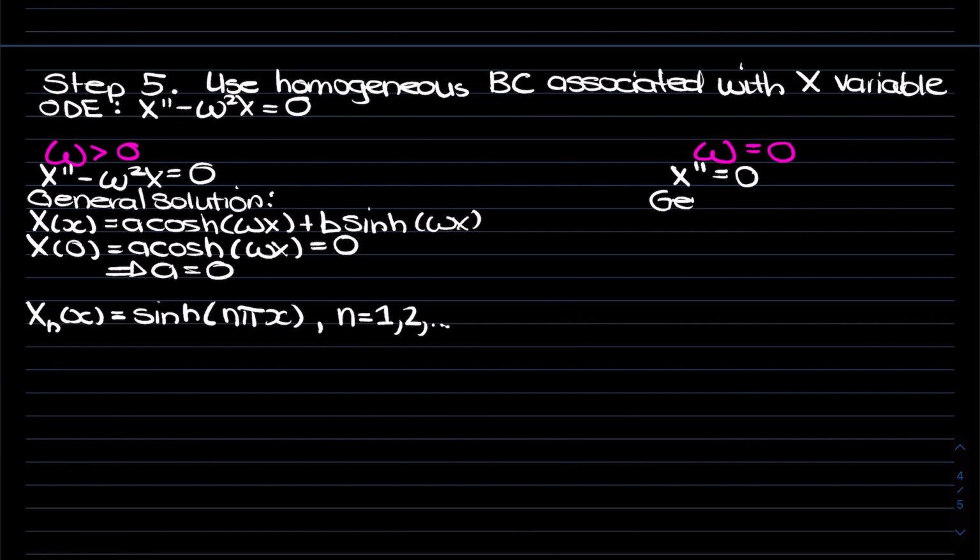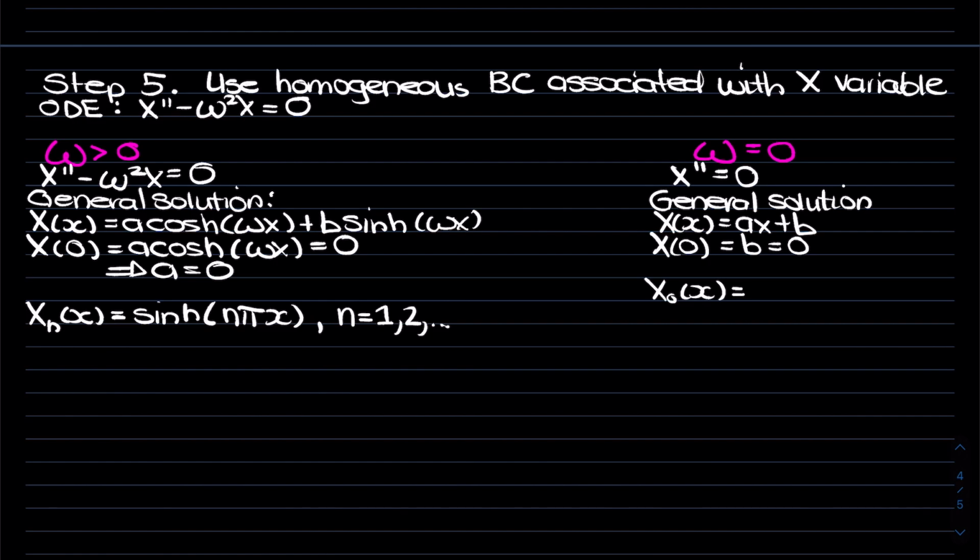The general solution for this just equals X of little x equals ax plus b, and if we plug in x equals 0, we just get b equaling 0. So therefore our X naught of x, that's our case when n equals naught, just equals some constant b.